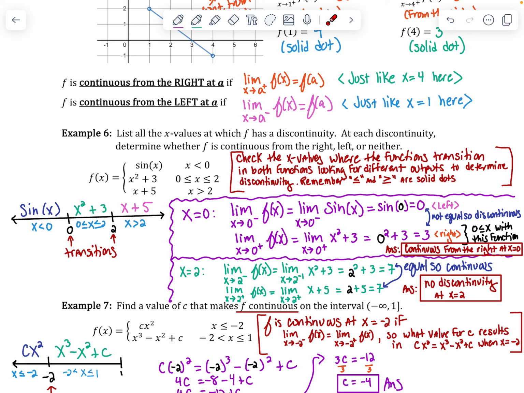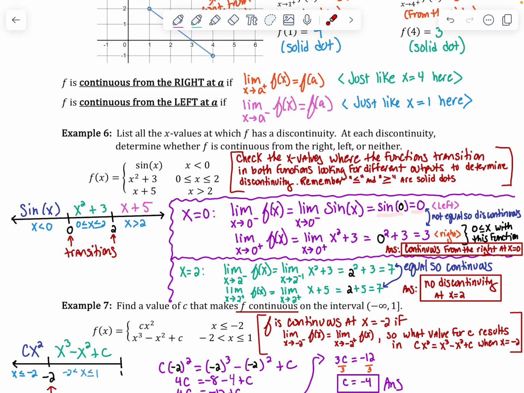So at my transition point, I need to plug x equals 0 into the sine for my left piece, and then I want to plug 0 into the other function because I'm coming from the right where x is larger.